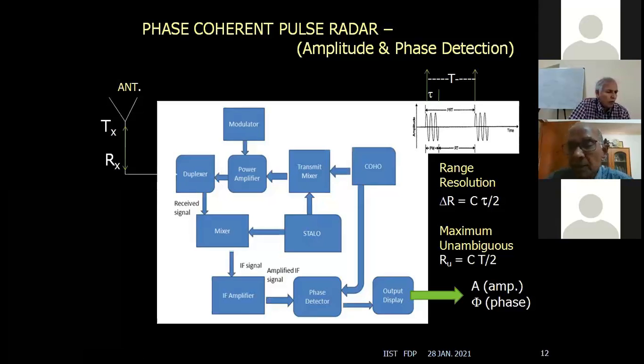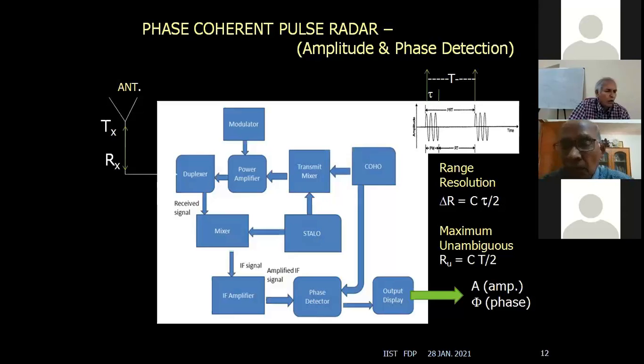So the phase and amplitude, if you receive, then it is possible to find out the speed of the target, moving target, because the time rate of change is equal to the velocity, the Doppler velocity. That is the velocity along which the radar beam looks the target. So from that you can find out.